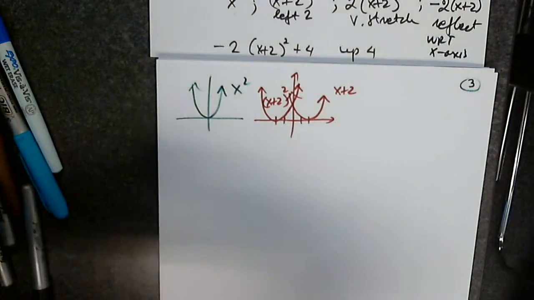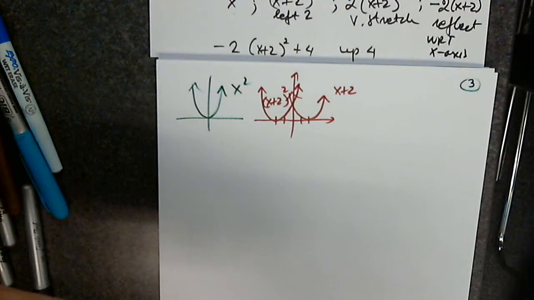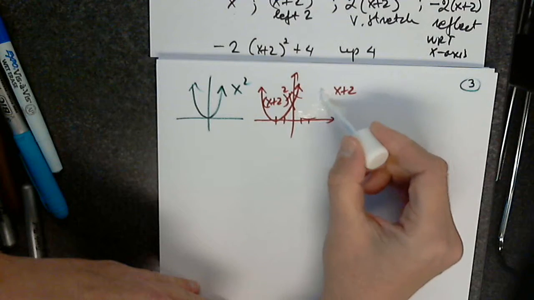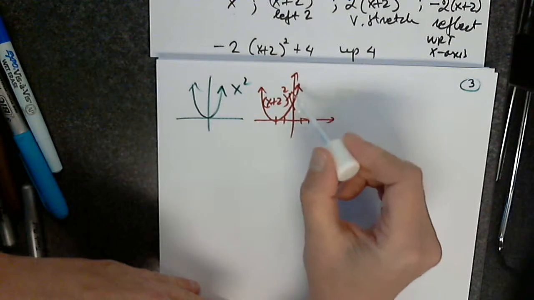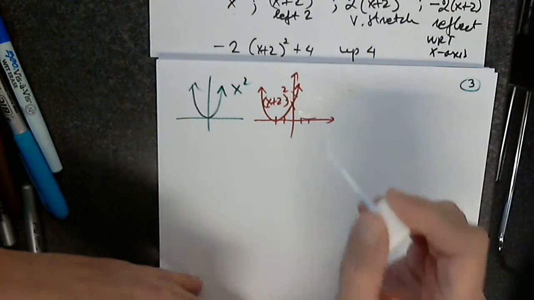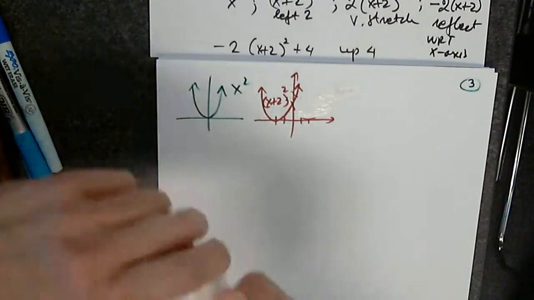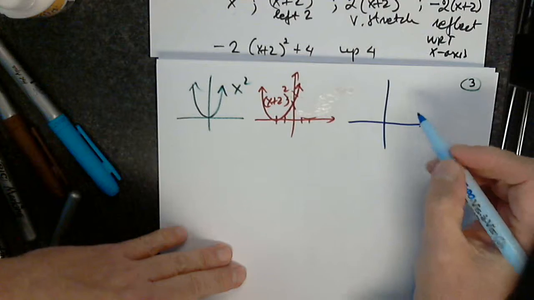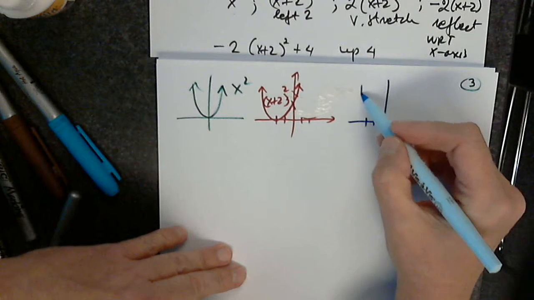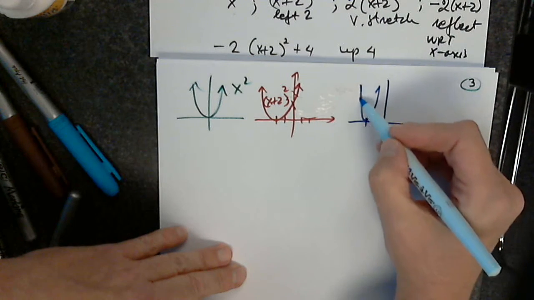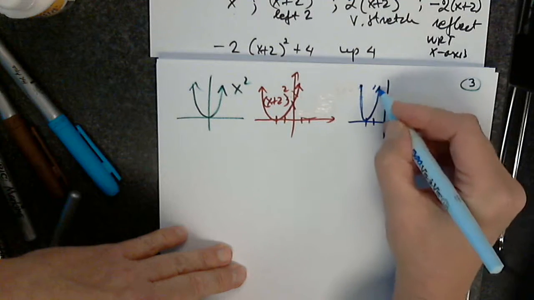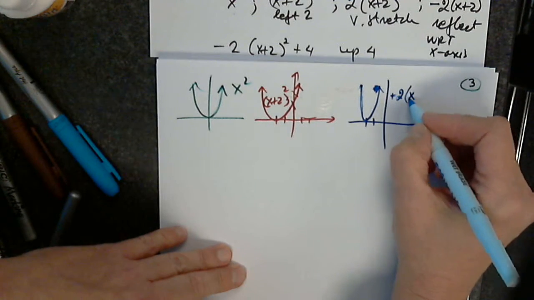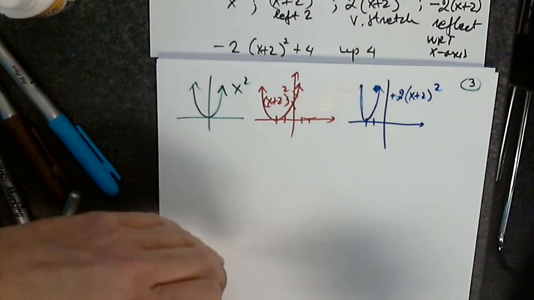Then the vertical stretching by a factor of 2. I'm exaggerating a little bit. So this is, I'm sorry, still positive, 2 times x plus 2 squared.